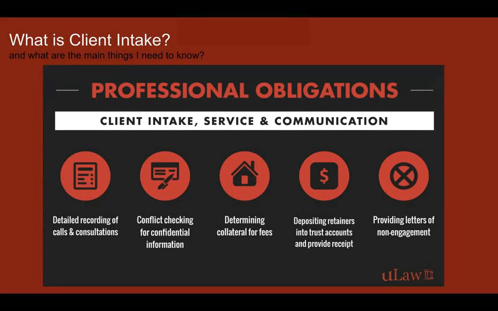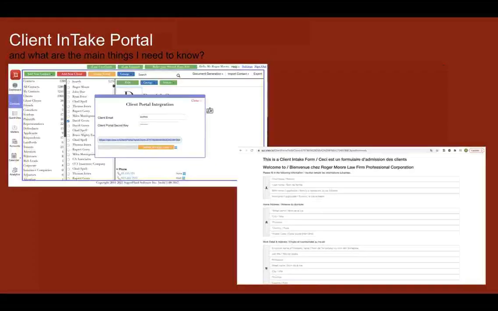Once you have the conflict check done and there's no conflict, then you move on to the next step of servicing the client. So today we're looking at client intake. Starting off, I would go rather backwards, with one of our top new features, client intake using our portal. This is a portal through uLaw where you would obviously have to have the uLawPractice program.